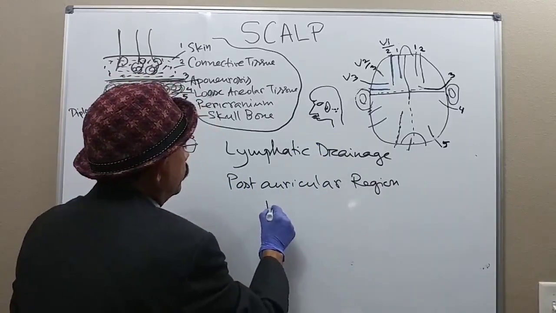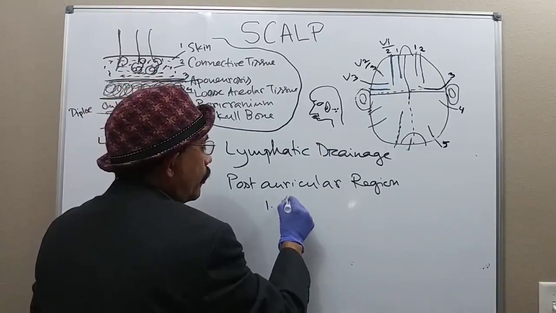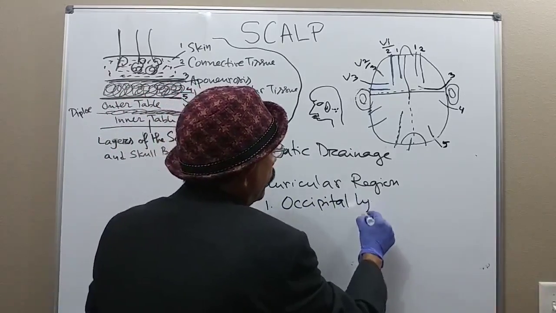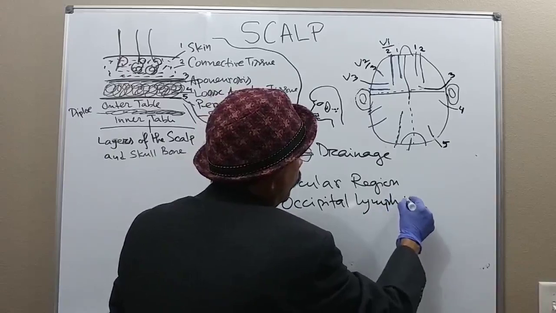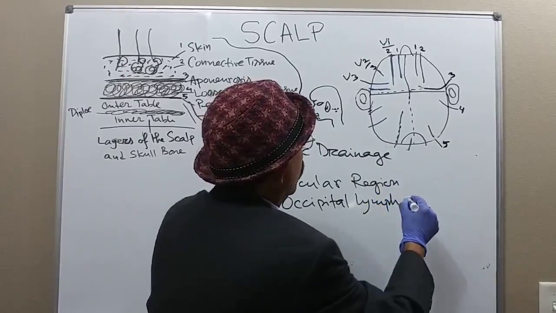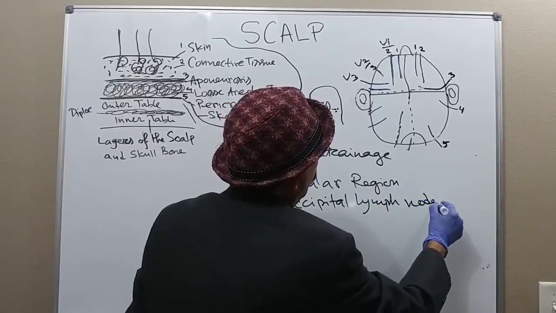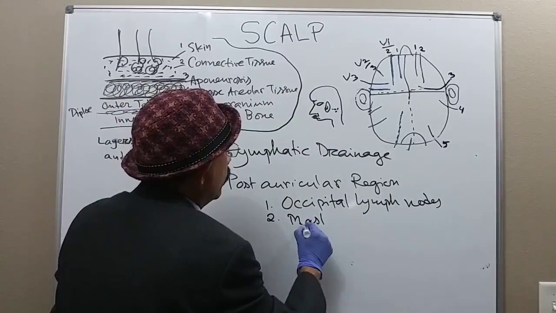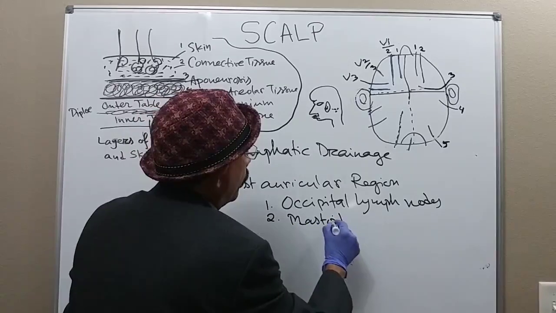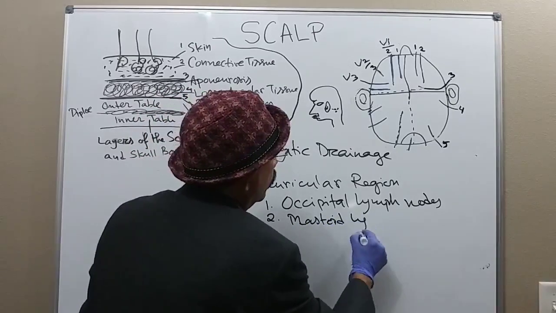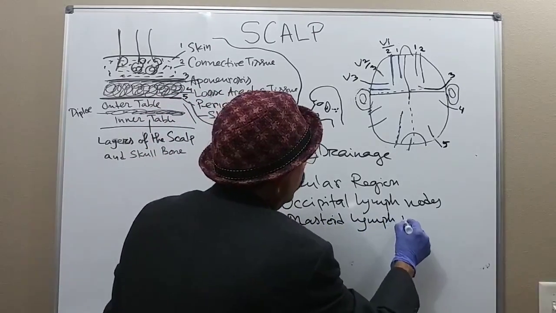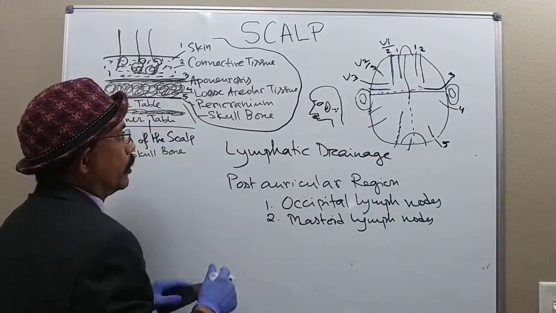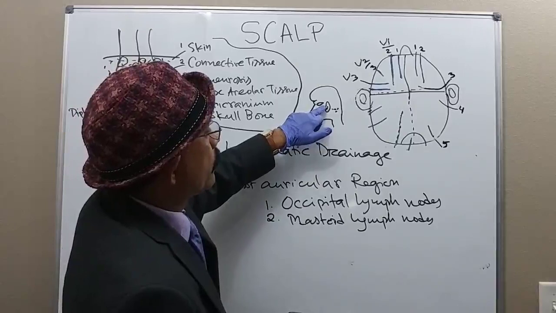We'll get the occipital lymph nodes. We'll get mastoid lymph nodes. Okay, how about preauricular, in front of the ear?